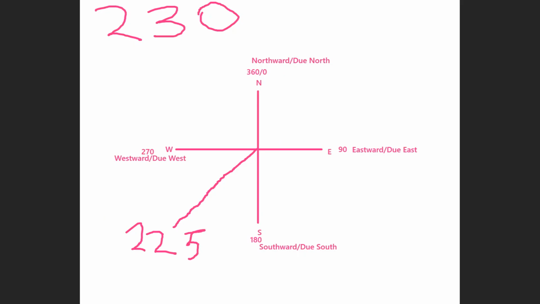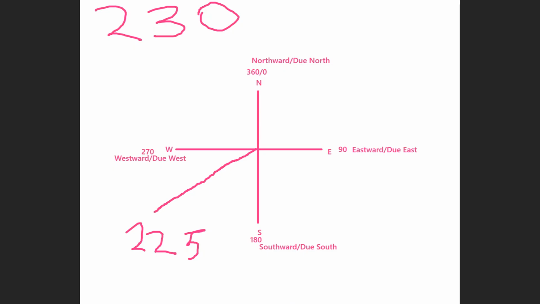So if this place is 225, then 230 will be very close to 225. If we have to sketch it, this guy here will be around 230. It can represent the 230. So this will be 230 right here.